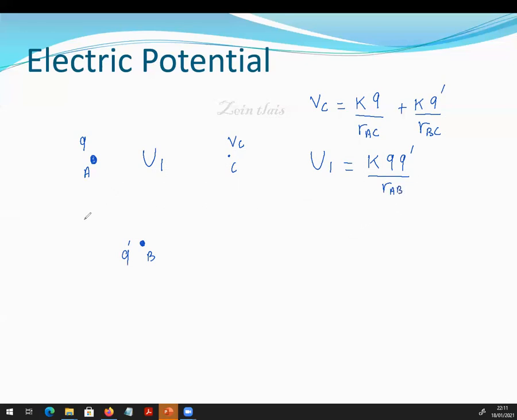Let's say we have also a charge here, Q''. Okay. In this case, I need to add to V_C kQ'' divided by R_DC, and also here we have to add another thing.